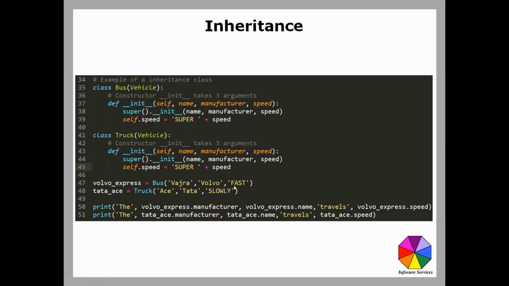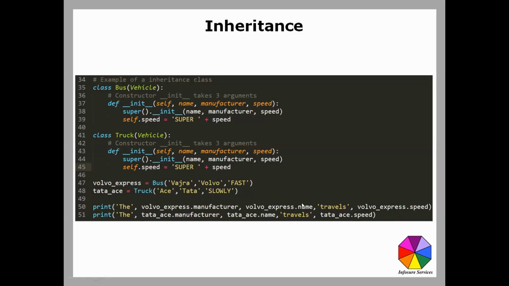Speed is fast here, but in the child class I have line 39, which is assigning some additional value to this. So what it will print out is, though I'm passing the value fast, it will print out super fast. So Tata Ace travels slowly will become Tata Ace travels super slow.